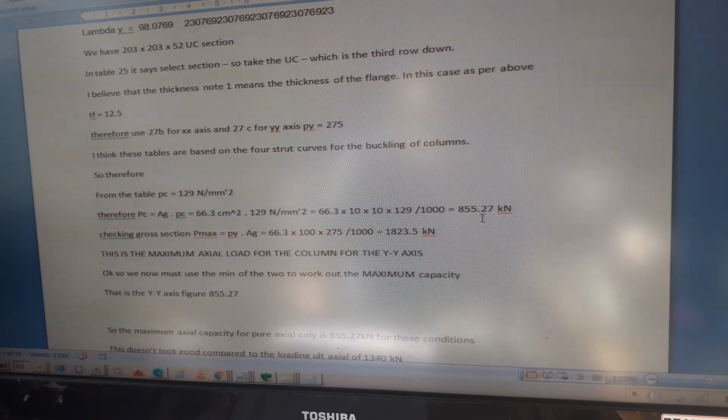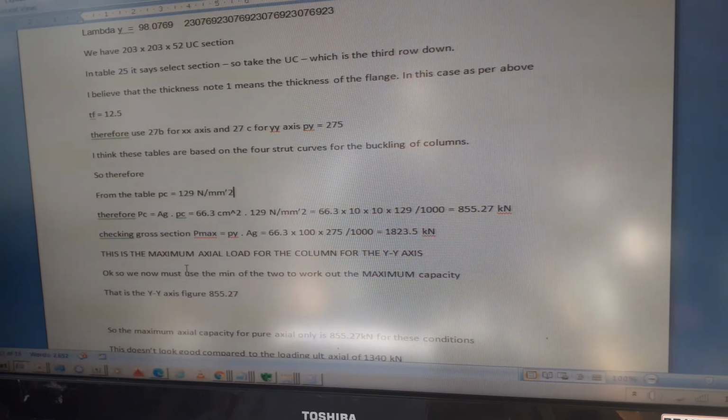That's 855.27 kilonewtons. Just double check this again, just make sure that it looks right. So Pmax is PyAg, 66.3 times 100 times 275 divided by 1,000 is 1823. So 855.27. That's the maximum axial load about Y.